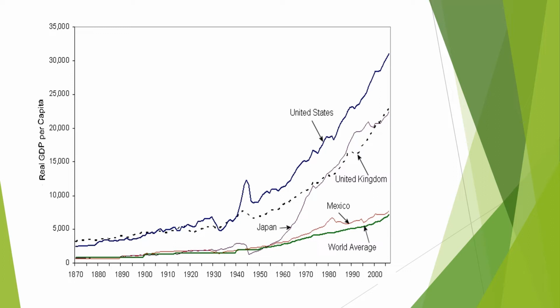You can see that at first the gap between the United States and Japan becomes narrower and narrower. This growth trend lasts until 1990 or so. Ever since 1990, Japan experienced a few recessions, and their growth slowed down. So by the end of the chart, Japan is now below the United Kingdom. So that is Japan's growth trend.